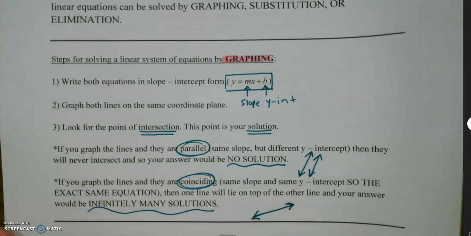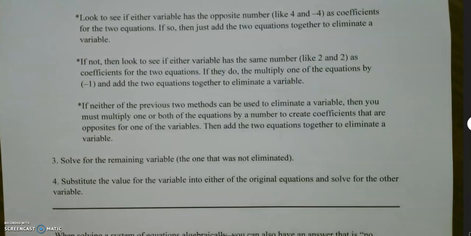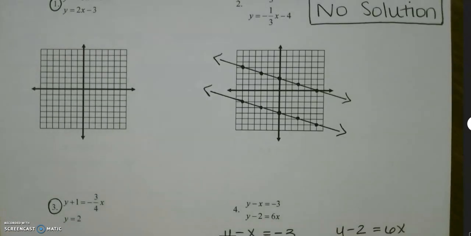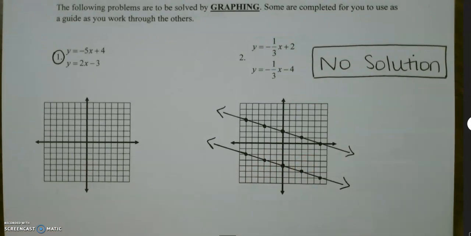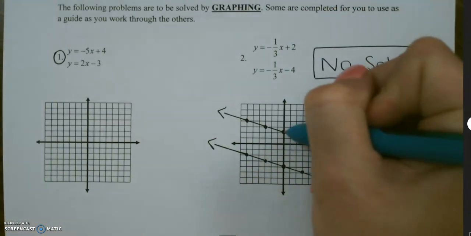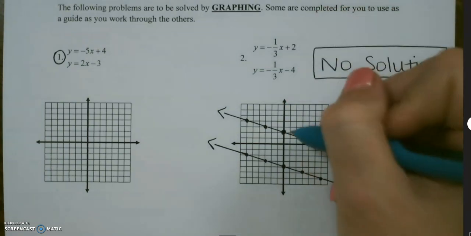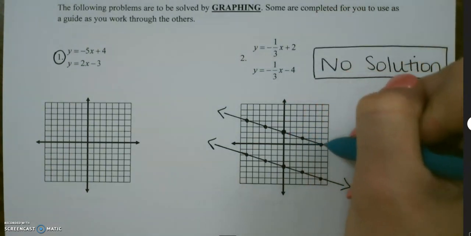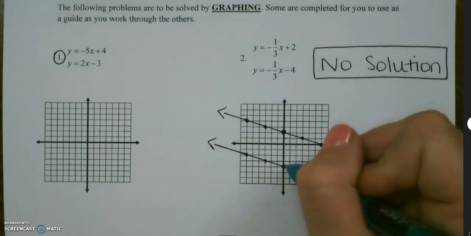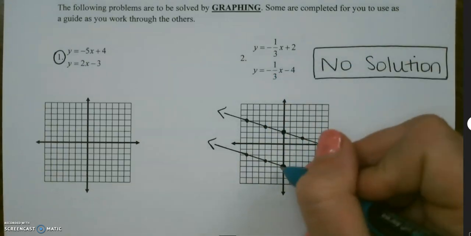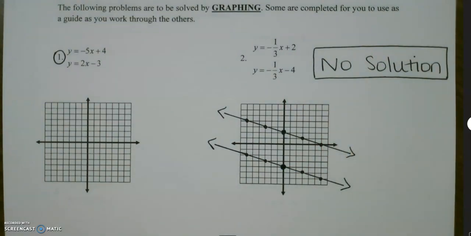Let's go ahead and take a look at the two worked out cases that are already in your notes. All right. So this is the scenario where there is no solution. We started with plotting our y-intercept at 2 and building our slope of down 1, right 3, down 1, right 3. Okay, then for the next line, our y-intercept was at -4, but our slope was still down 1, right 3.